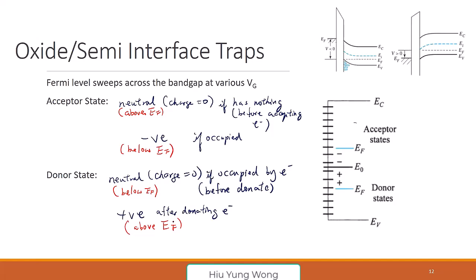So that is what I want you to understand. You cannot just memorize, it's so confusing. Even writing a cheat sheet is useless. You need to understand what are acceptor and donor states, and then when they can get occupied, whether it has to be below or above the Fermi level. So on the right, each of these is a state.